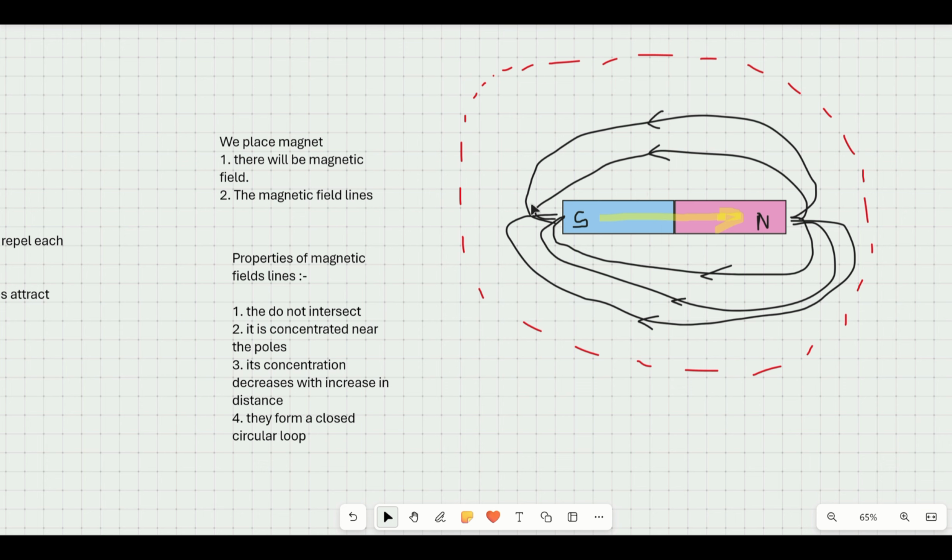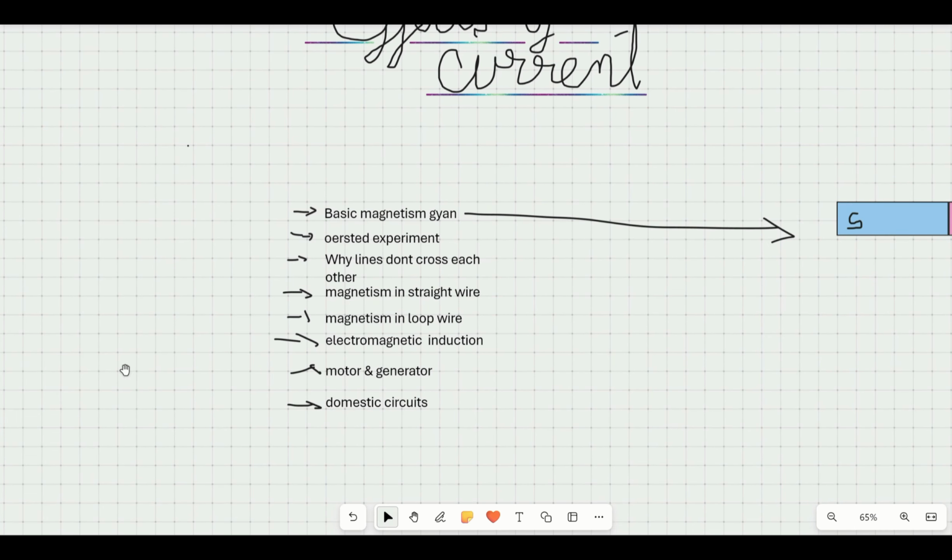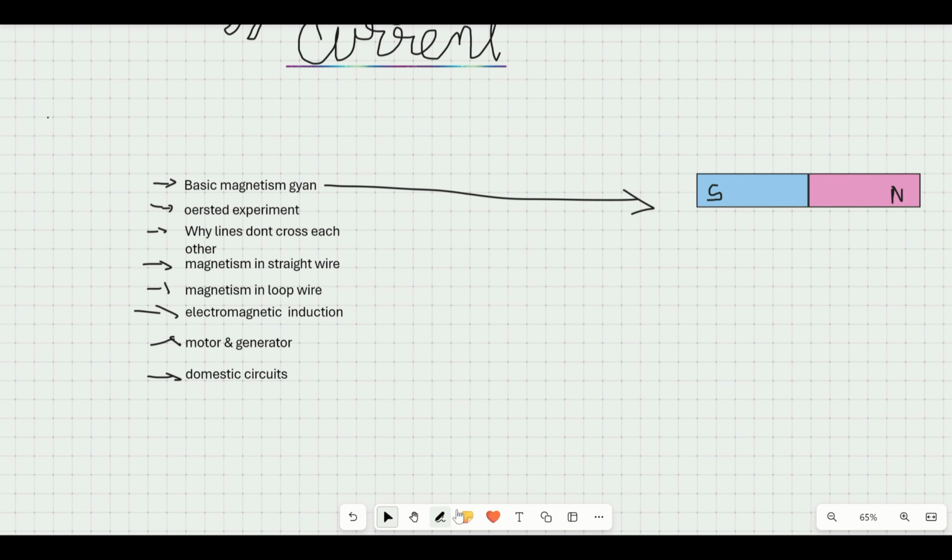We will see that all the magnetic field lines are very dense near the poles and very sparse as far as we go from the magnet. Then its concentration decreases, as I just said. Then it forms a closed circular loop from here to here. Okay, so then let's come to the Oersted experiment.